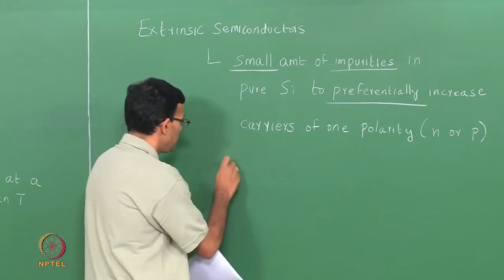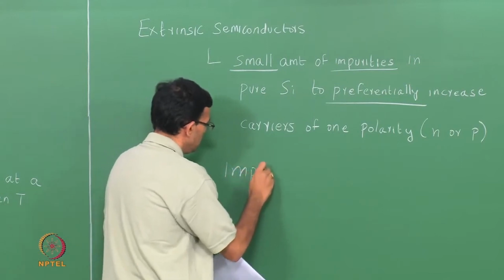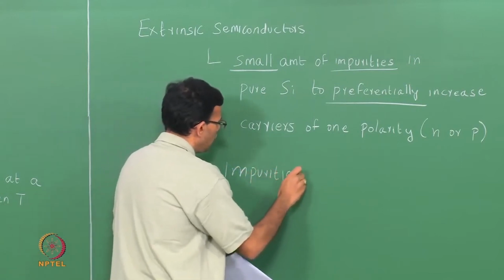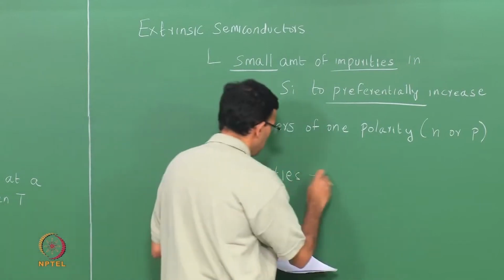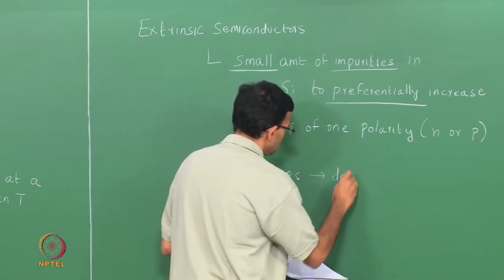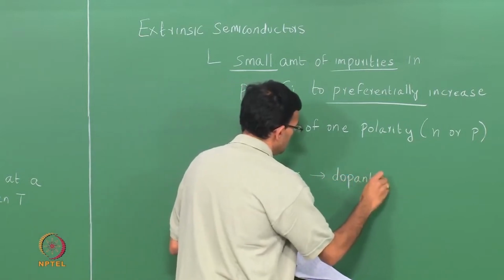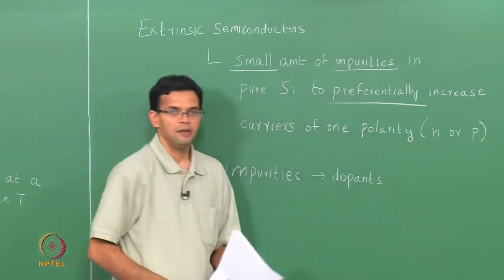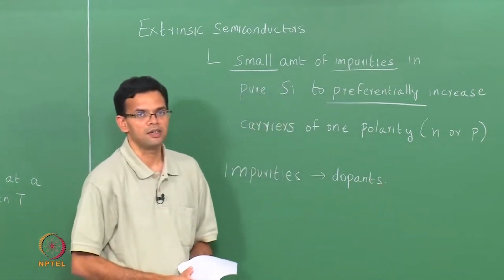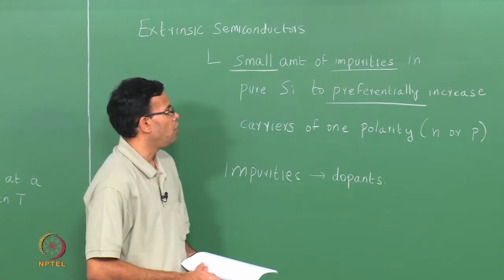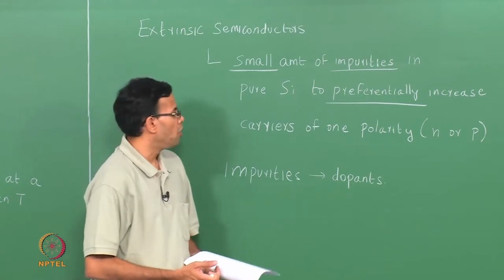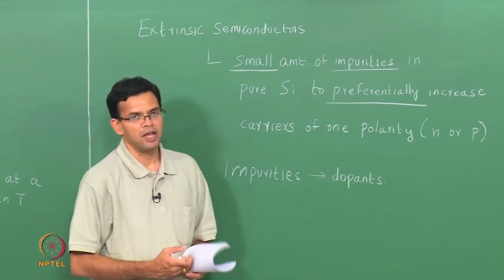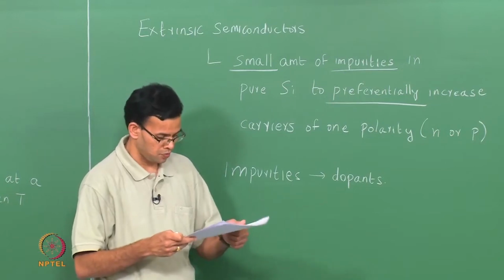So, another word for impurities, or a more appropriate word if you think about it, is dopants. So, we can say that an extrinsic semiconductor is one where we add a small amount of dopant in order to preferentially generate electrons or holes.